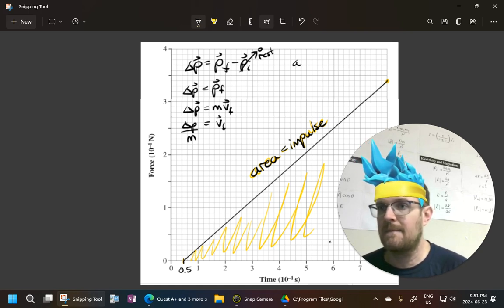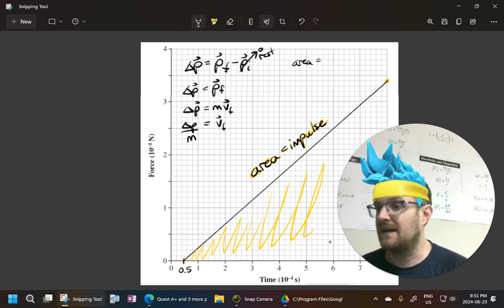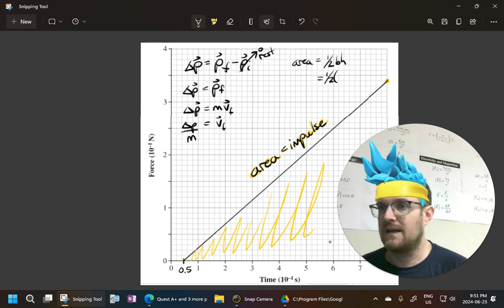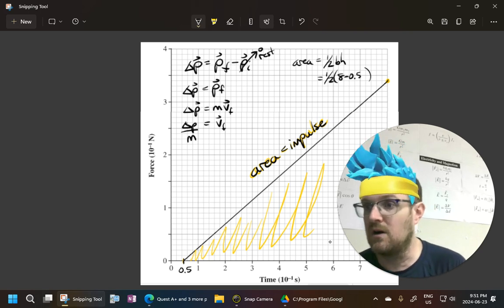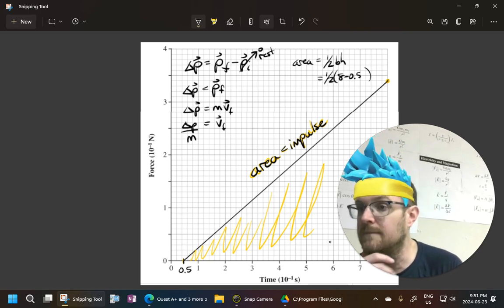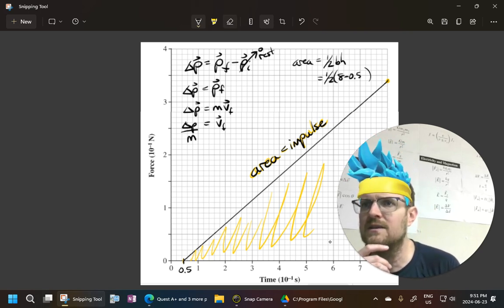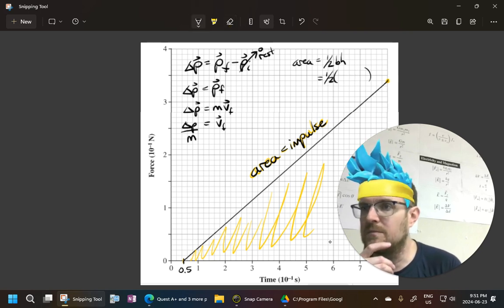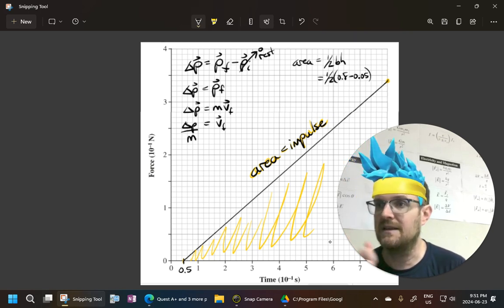The area is going to be my base times my height divided by 2, or 1/2 base times height. Okay, so 1/2 my base is going to be 8 minus 0.5. But remember, that's also all times 10 to the negative 1. So I guess I could do the math using times 10 to the negative 1. So this is going to be 0.8 minus 0.05, because times 10 to the negative 1.